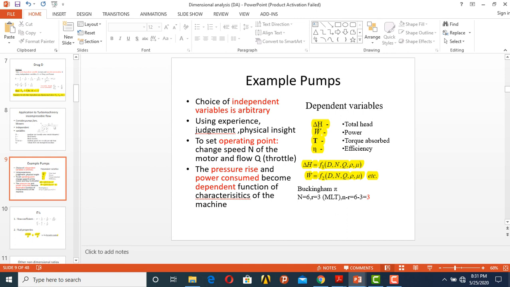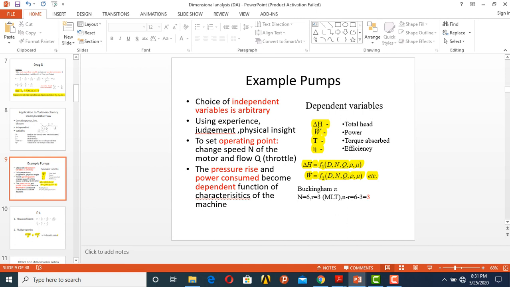Since we are interested in the basic elements, for us to come up with the variables which shall form the basic elements, we have to consider elements which have the following properties. When you combine the three of these elements, they should form MLT, that is mass, length, and time. They should comprise the dimensions of mass, length, as well as time.